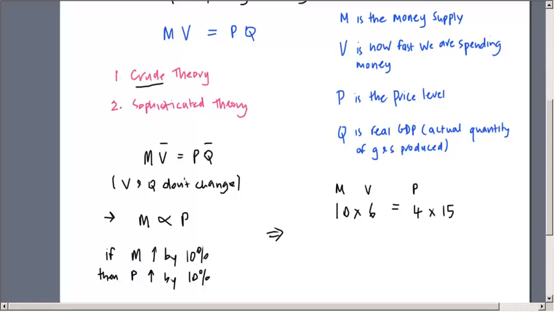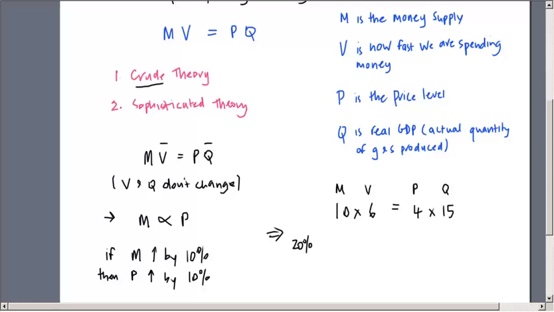So everyone can see that 10 times 6 is 60 and 4 times 15 is 60, so they equal each other.